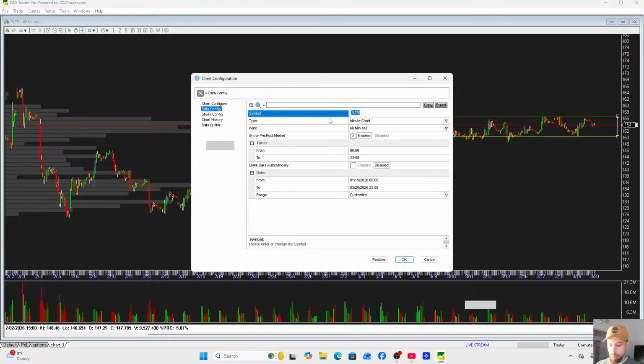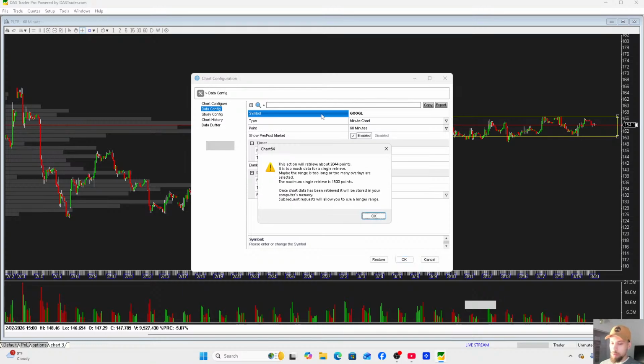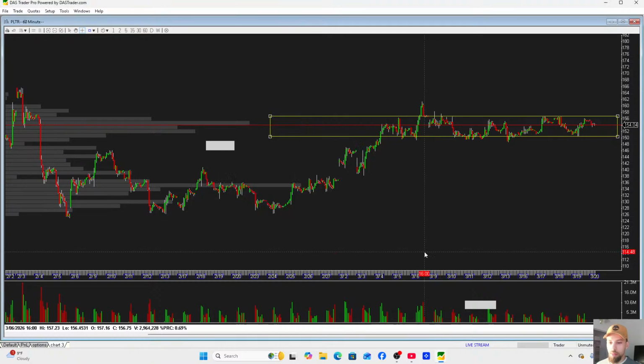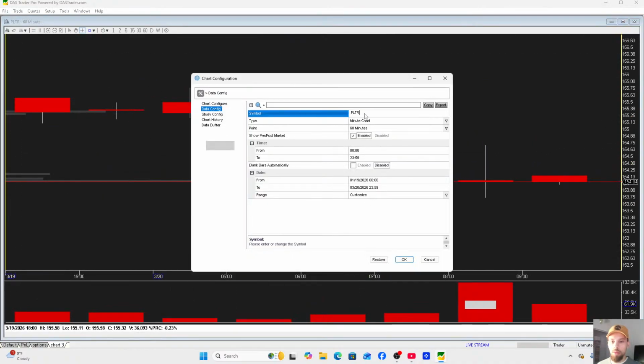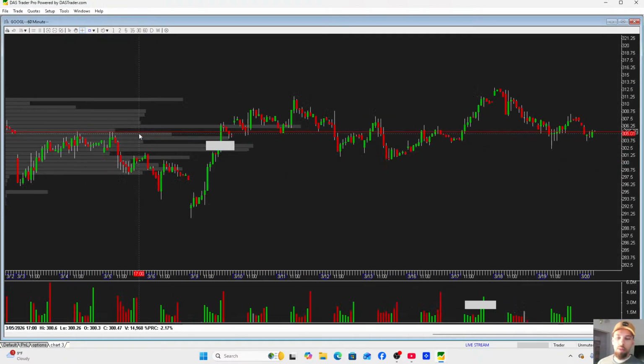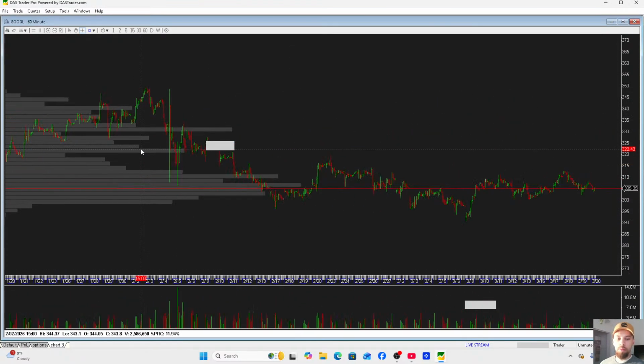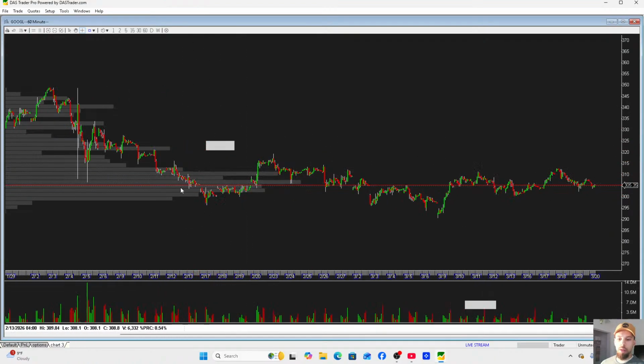Let's keep going. What's Google look like? Google on the 60. It's just been going sideways as well, a little mini range going on.